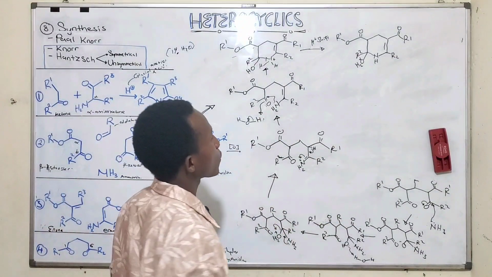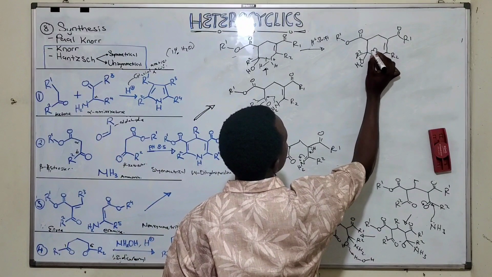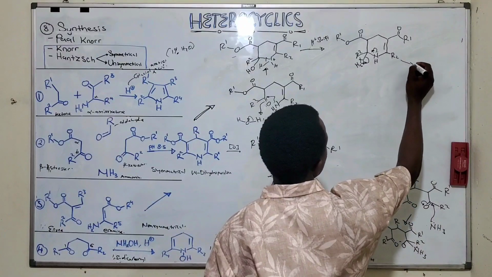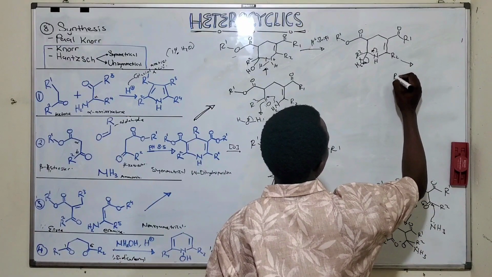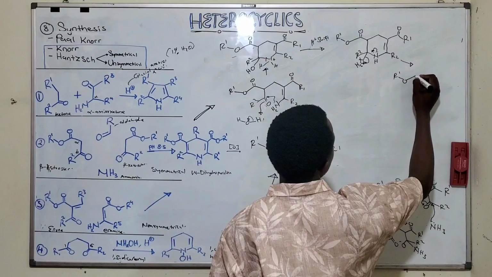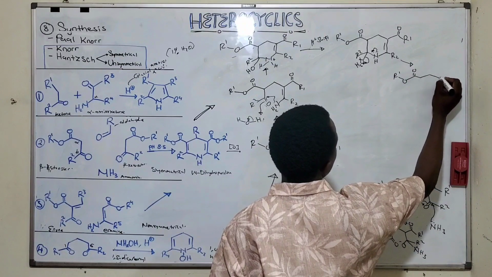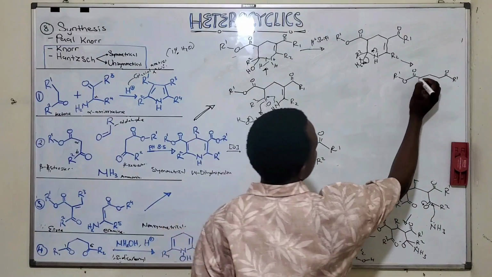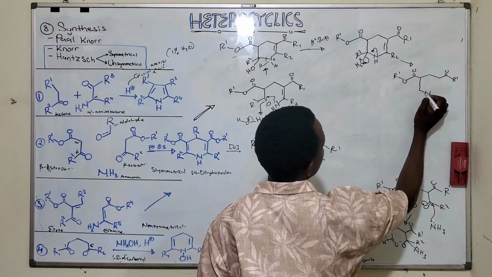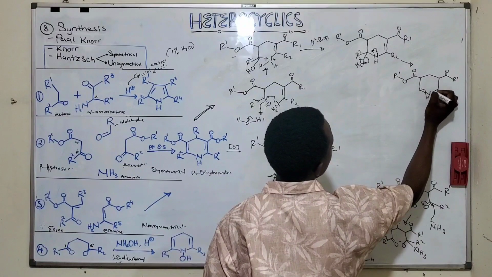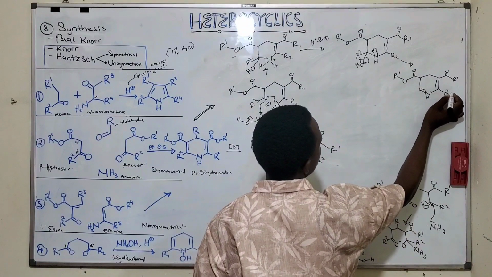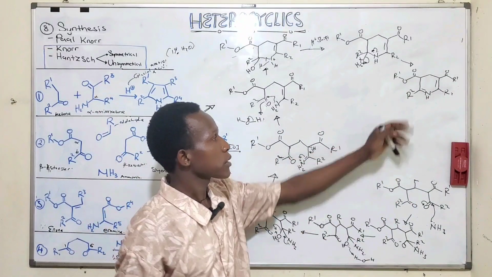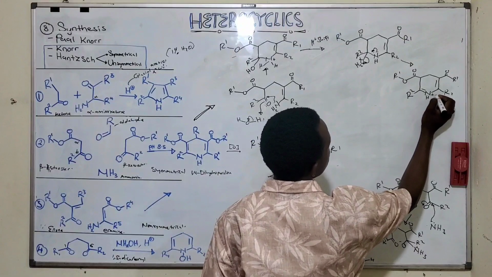That's what you're having. So nitrogen forms a bond. When it creates a bond, this one breaks off. So having R1, oxygen, and R1. Here you're having NH and a double bond formed. Still have this bond, R2 and R2. But N is positively charged.